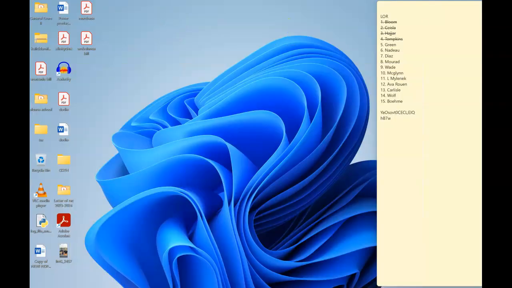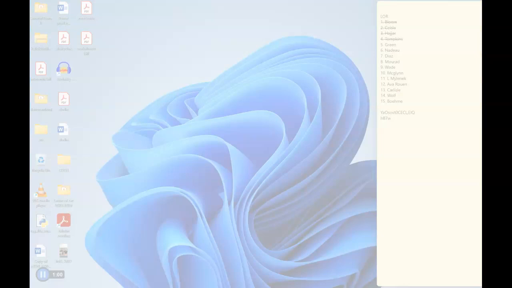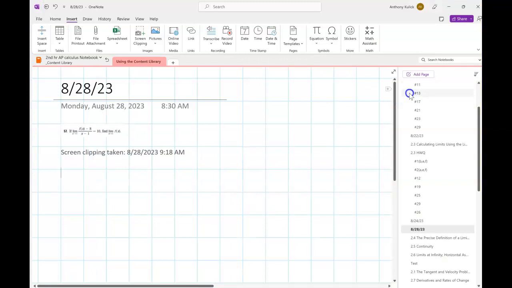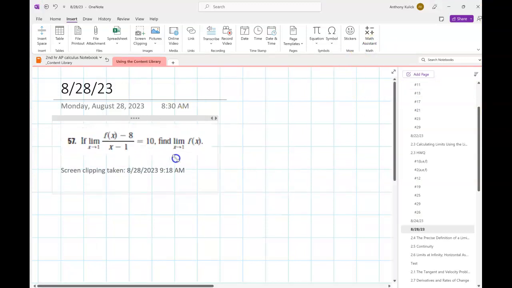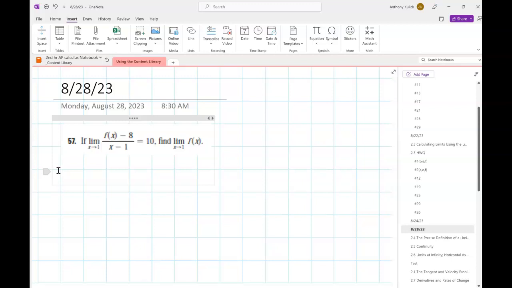Just check this real quick. All right, so it's asking us to find the limit of f of x as it approaches 1 if we're told that this thing is 10.